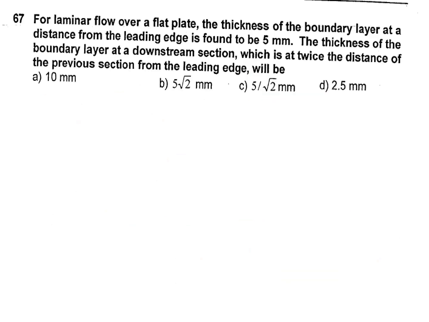For laminar flow over a flat plate, the thickness of the boundary layer at a distance from the leading edge is found to be 5 mm. The thickness of the boundary layer at a downstream section, which is at twice the distance of the previous section from the leading edge, will be how much?